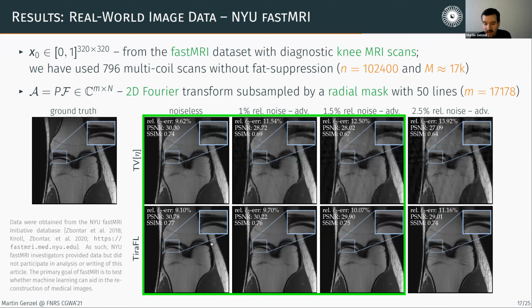What is remarkable is that for the neural networks, all the reconstructions, no matter how high the noise level is, look like clean images, right? They all look very nice, like good reconstructions. And the difference, which is also why the error is increasing, is that the attacker in some sense adds some features to the data.